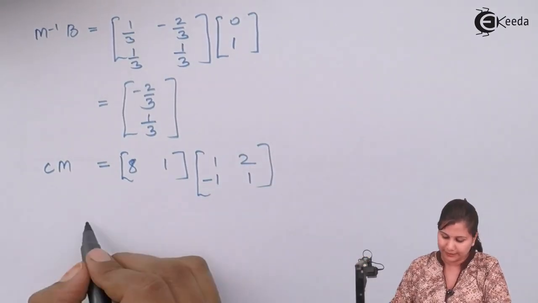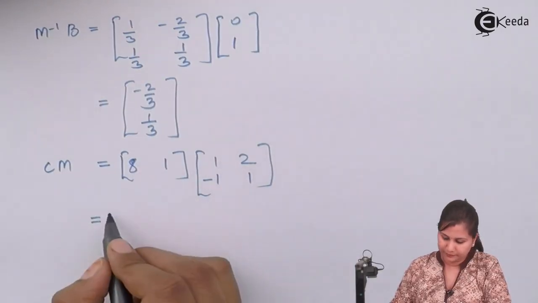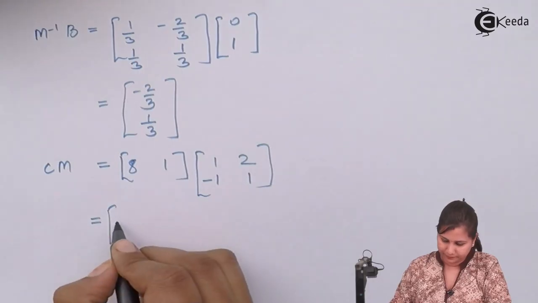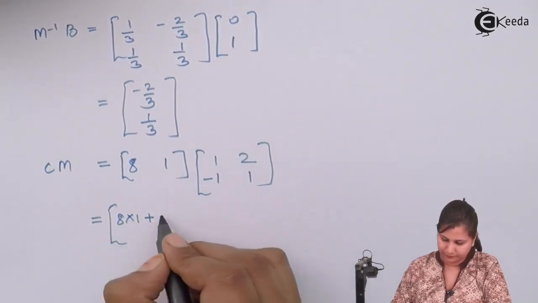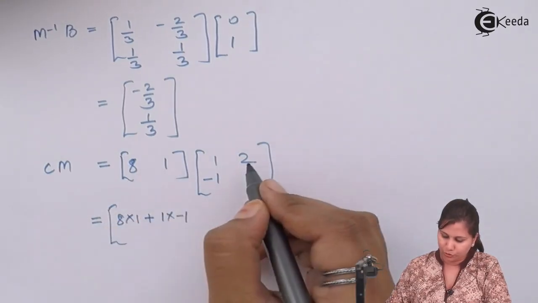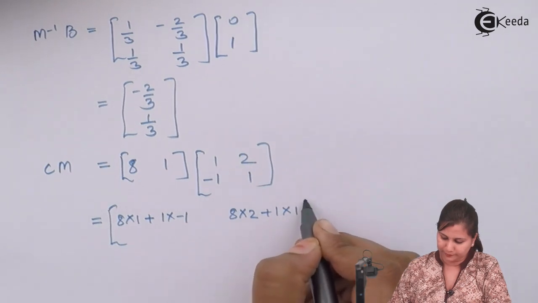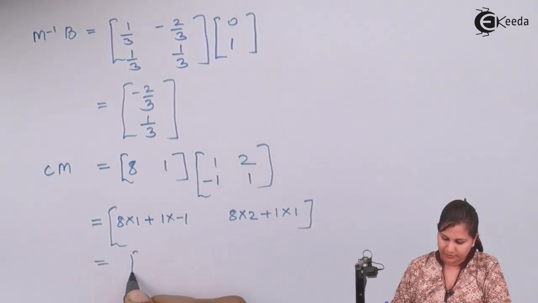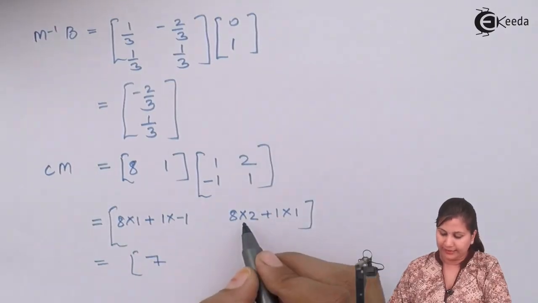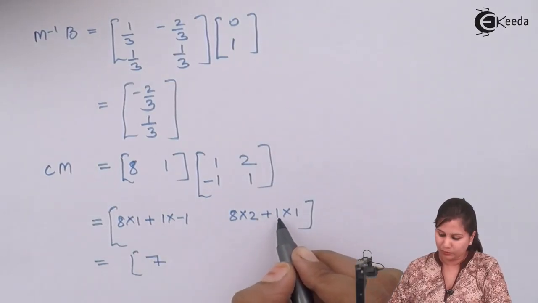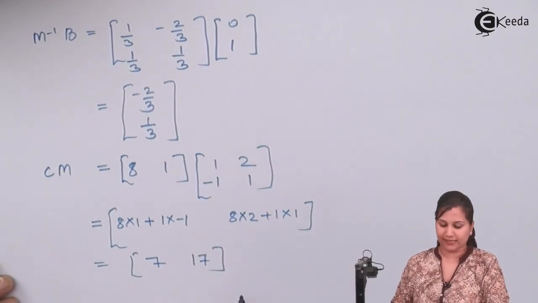Let's multiply this. 8 into 1 and 1 into minus 1. 8 into 2 plus 1 into 1. So we are getting 8 minus 1, that is 7, and 8 into 2 is 16 plus 1 is 17. So CM is 7 and 17.